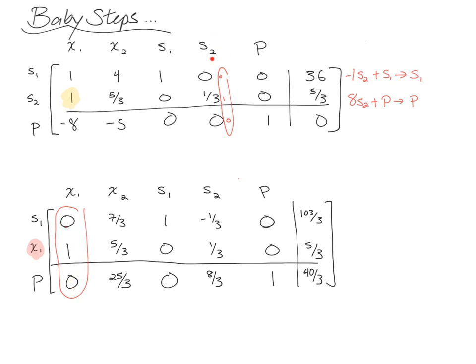So S sub 2 became X sub 1. That's why this exiting variable changed into the entering variable. All right, I think those are all of the baby steps you need in order to be successful front to back on some applications. So let's jump into that.